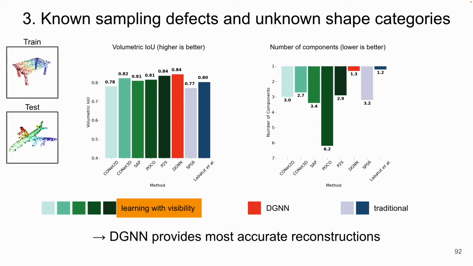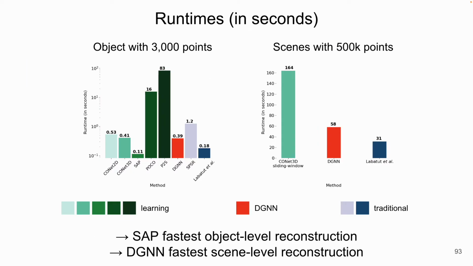And now we can take a look again at the runtimes of the different methods. On the left are runtimes for reconstructing an object from 3000 points. And we can see that DGNN is the second fastest learning method behind Shape As Points, so SAP. But in contrast to Shape As Points, our method can natively scale to scenes.